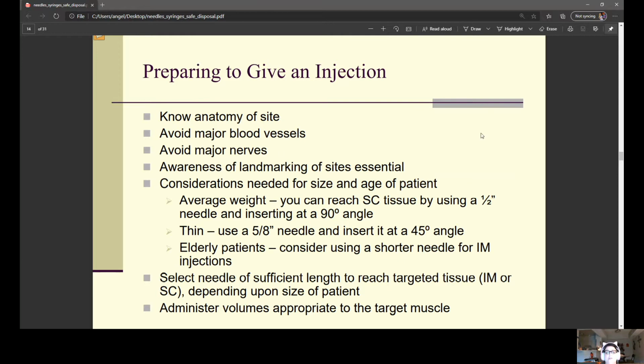So we want to see our patient and get a guesstimate. Okay, Mrs. Jones is maybe 107 pounds soaking wet. I am not coming at her with a 1.5 inch needle for her IM. She's a small, frail lady. So knowing your patient and knowing the proper size needle is important.